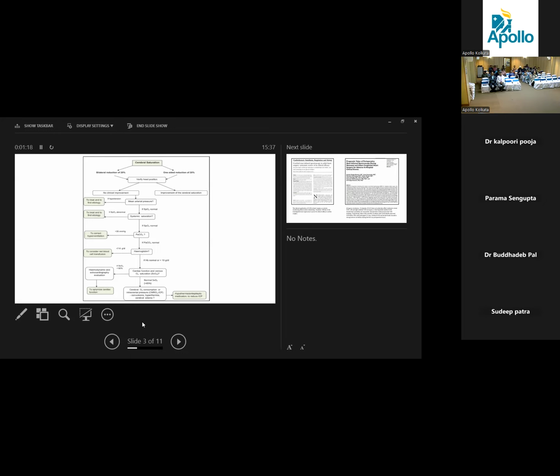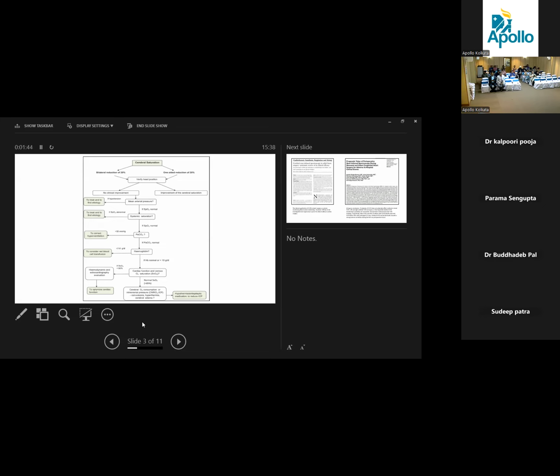If there is no improvement, then we monitor the mean arterial pressure. If there is any hypotension, we have to treat the etiology of the hypotension accordingly. If there is a drop in saturation, then we have to find the etiology and treat it. If there is any alteration in PaCO2, we have to correct it, whether it is metabolic or respiratory, accordingly. Then we have to check the hemoglobin.